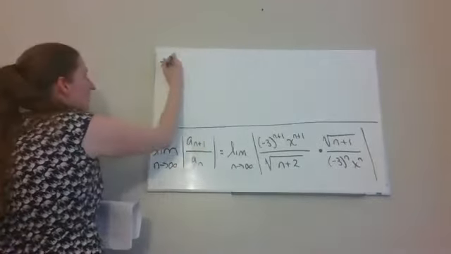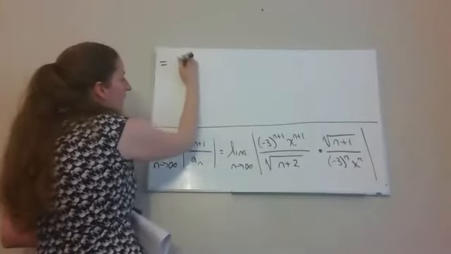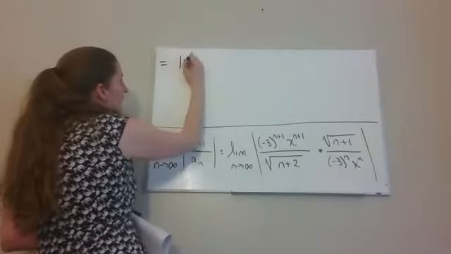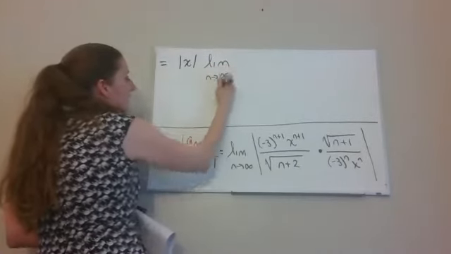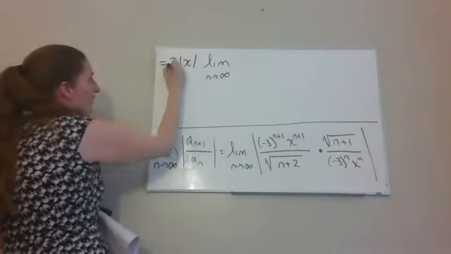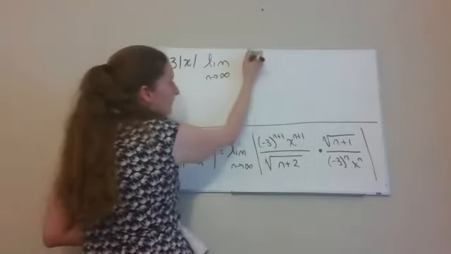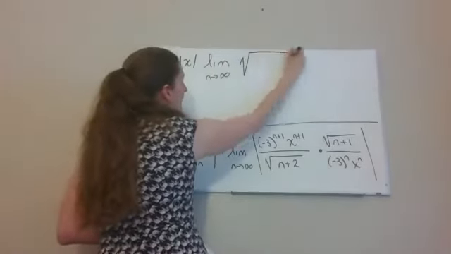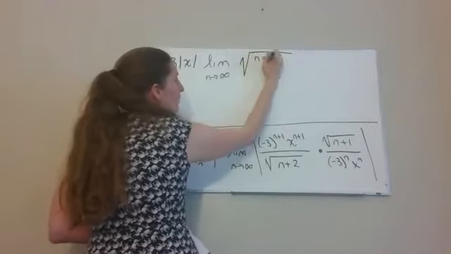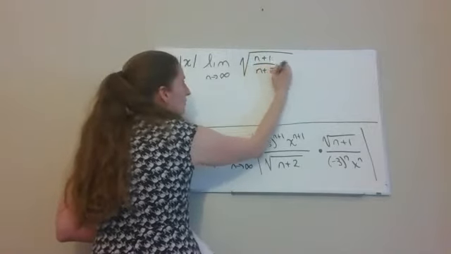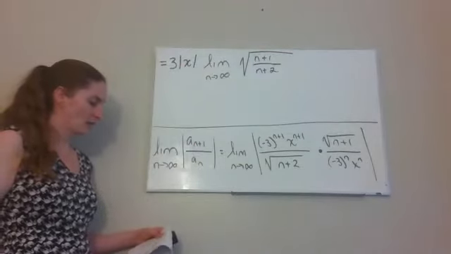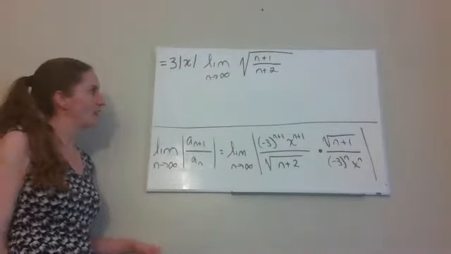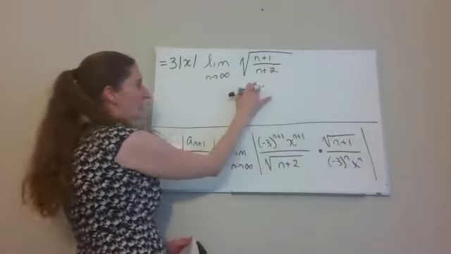So let me pull that absolute value of x to the outside. And I can actually pull that 3 to the outside as well. Then I just have a limit of the square root of n plus 1 over n plus 2 as n goes to infinity. So if I take that limit, this limit ends up being 1.